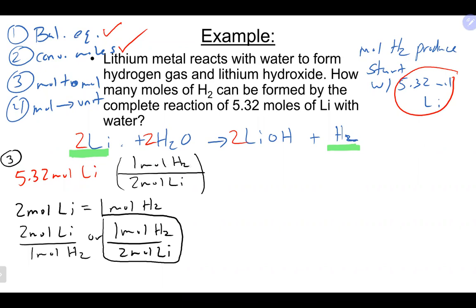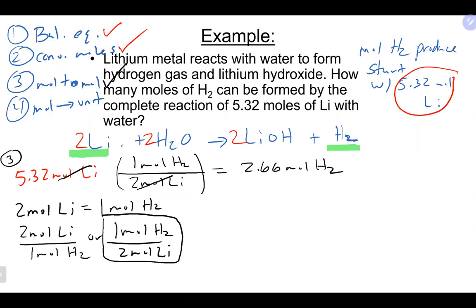That is from the balanced equation, just the coefficients, and that's the stoichiometry part. So the moles of lithium here will cancel. We're essentially taking 5.32 and we're dividing it by 2, right? Which is basically what's on the bottom. That gives me 2.66 moles of hydrogen in this case. That is step number 3.